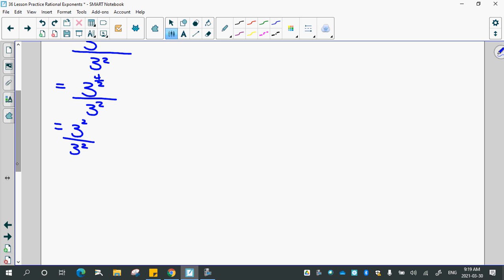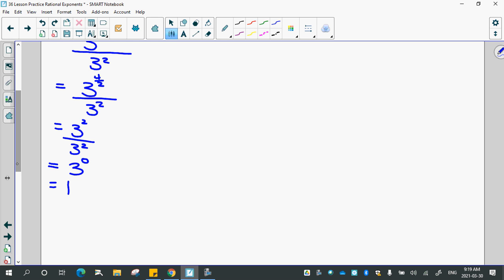If I use an exponent rule, which it asks me to do, I would keep the base and subtract the exponents, which would give me 3 to the 0, and any number to the 0 is 1. 3 to the 2 minus 2 is 3 to the 0, any number to the 0 is 1.